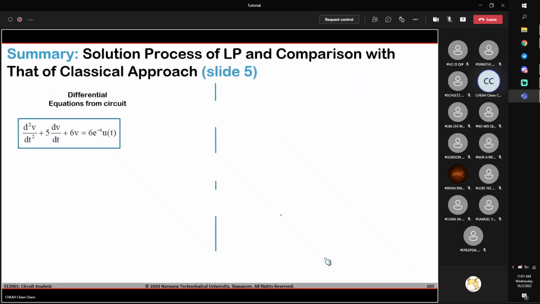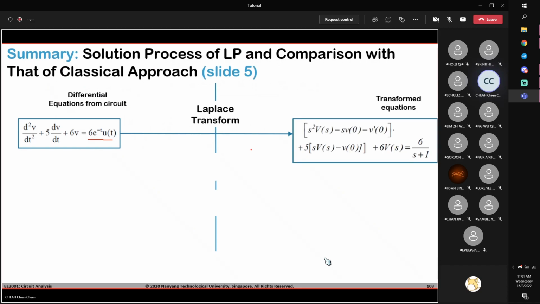So I hope everybody gets the idea. If you have formulated a differential equation in time domain based on circuit analysis, then we cannot solve it in time domain. We transform it into Laplace domain by using this differentiation property, and we impose the initial conditions. Then this is an algebraic equation.